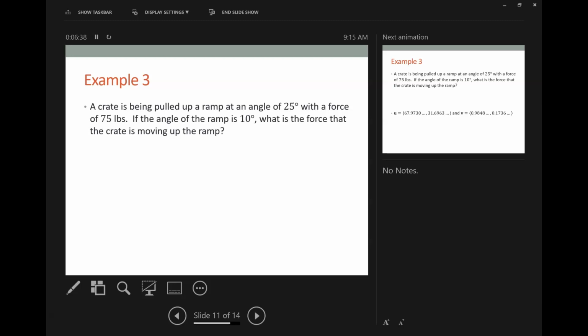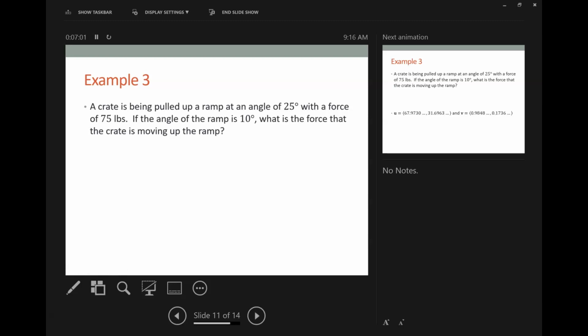One vector is the ramp, right? Everybody okay with that? Notice, do we know anything about the length of this ramp?